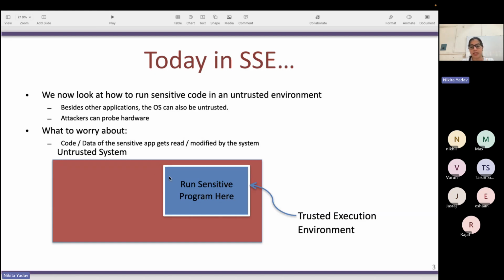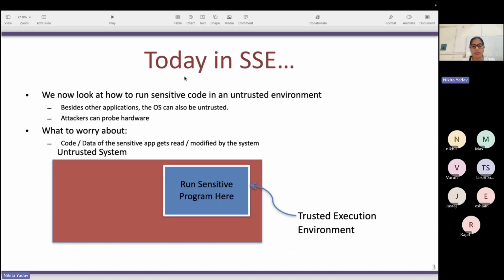If you run your sensitive program here, then its data, code, or computation cannot be read or modified from anywhere else in your system, including the hardware. That is what we are going to look at now.